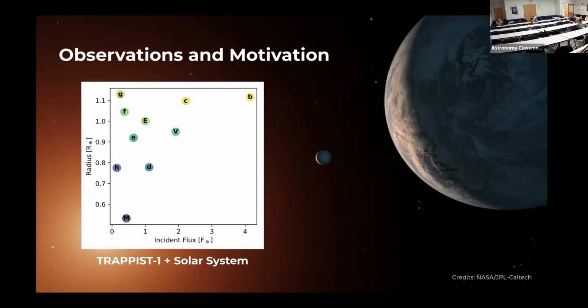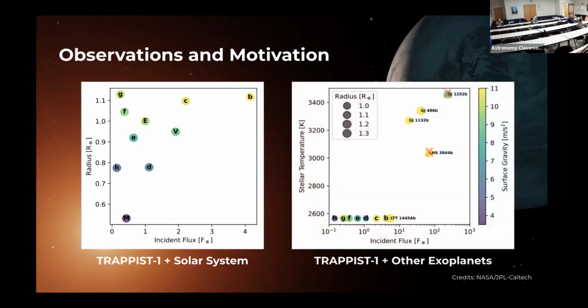We're interested in observing these planets, and interestingly enough, we're able to start pushing into observing some of these closer planets. These are 2 exoplanets right here that are crossed out. Those are 2 exoplanets that have already been observed to have basically no atmosphere, so they're consistent with a bare rock.